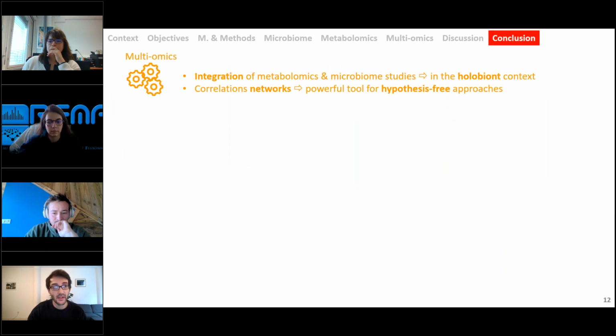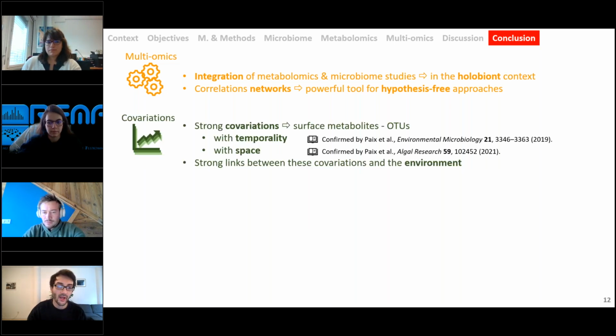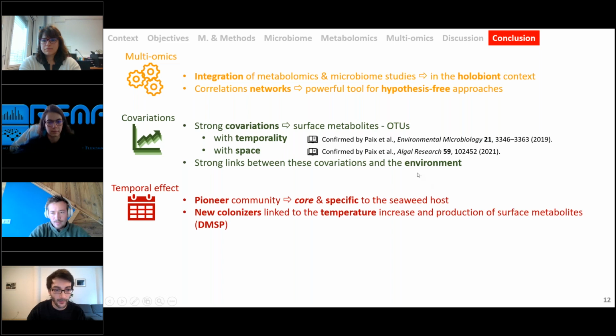So as a conclusion, the multi-omics was very interesting because it can help to better understand the complexity of the holobiont system. We have seen a lot of covariations in terms of space and time, and these covariations can also be linked with a lot of environmental parameters.